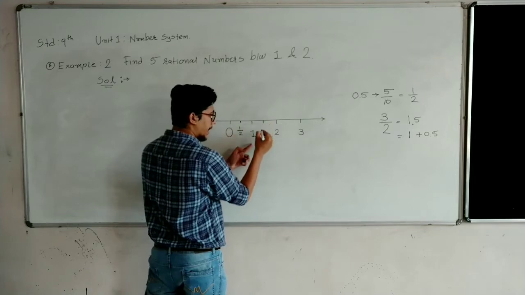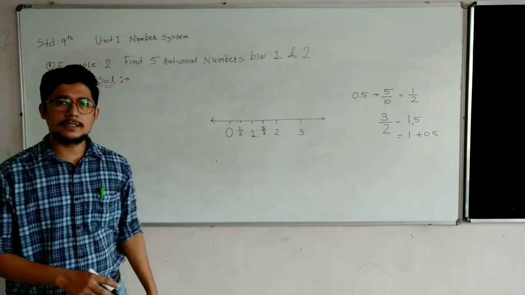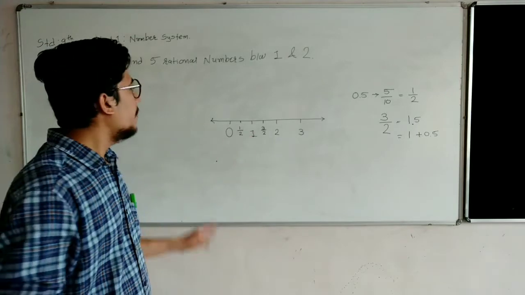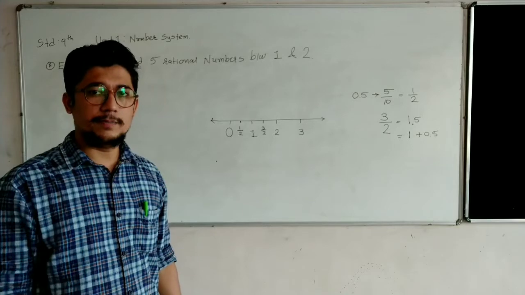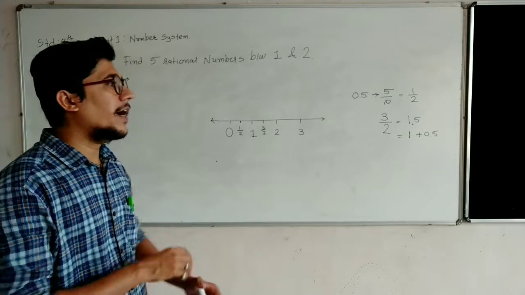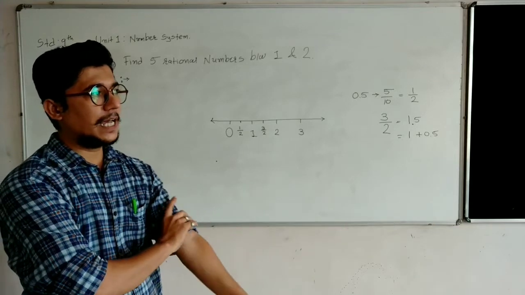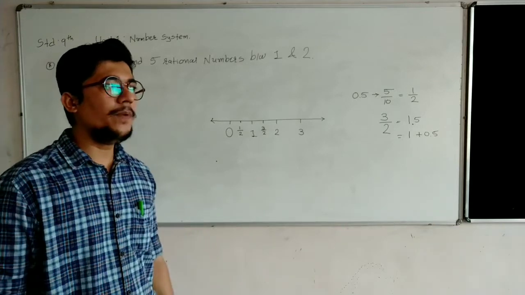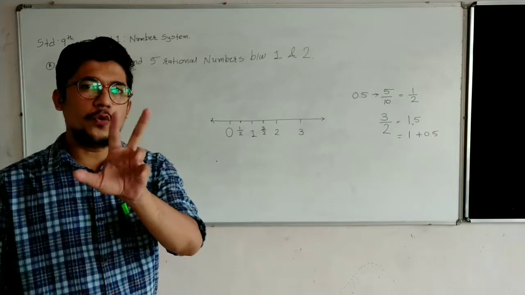So can I say 3 by 2 is a rational number? Yes. So this is how we can represent rational numbers between the whole numbers. Is it understood?